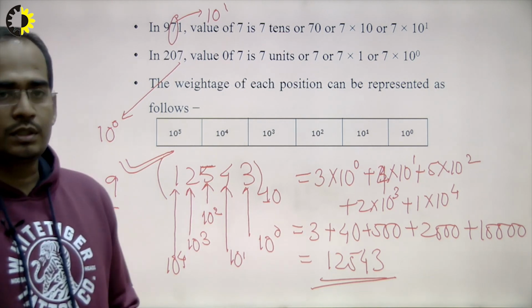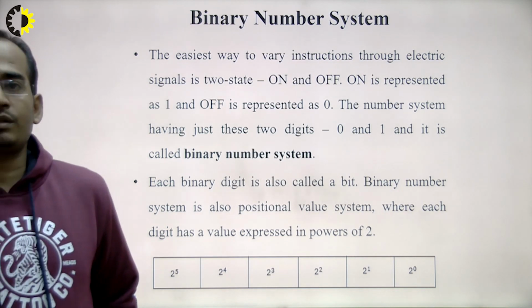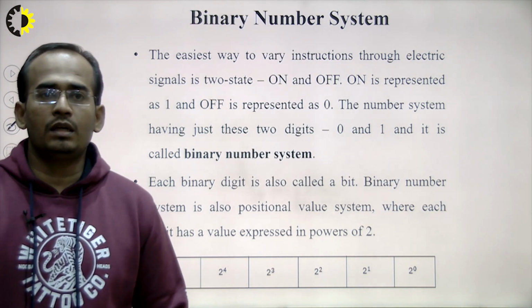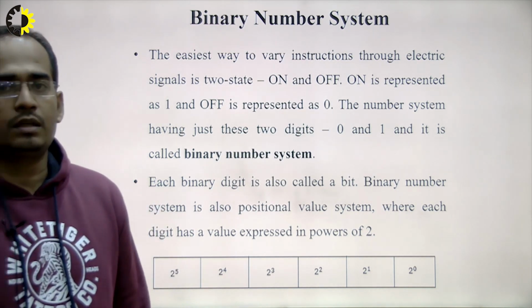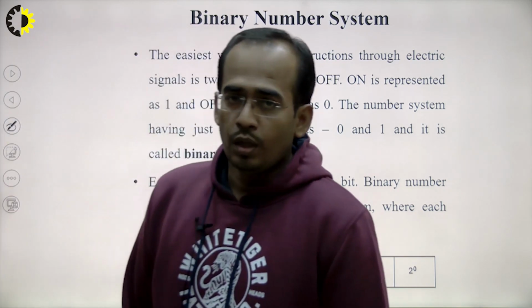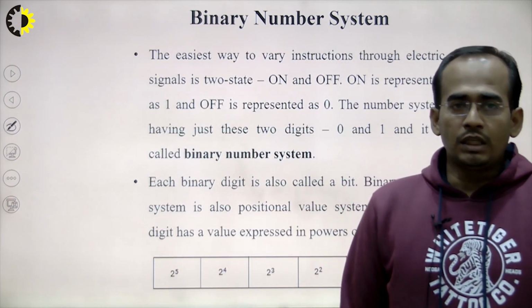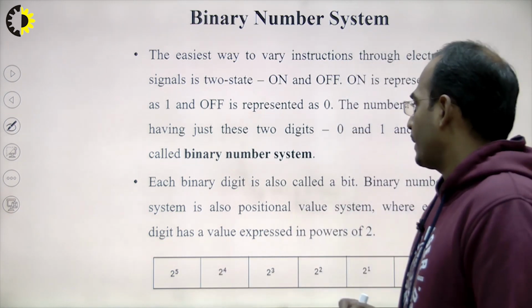Similarly, for the binary number system, the easiest way to vary instructions through electric signals is in two states, that is on and off state. On state is represented as 1 and off state is represented as 0. The number system having these two digits 0 and 1 is called the binary number system.